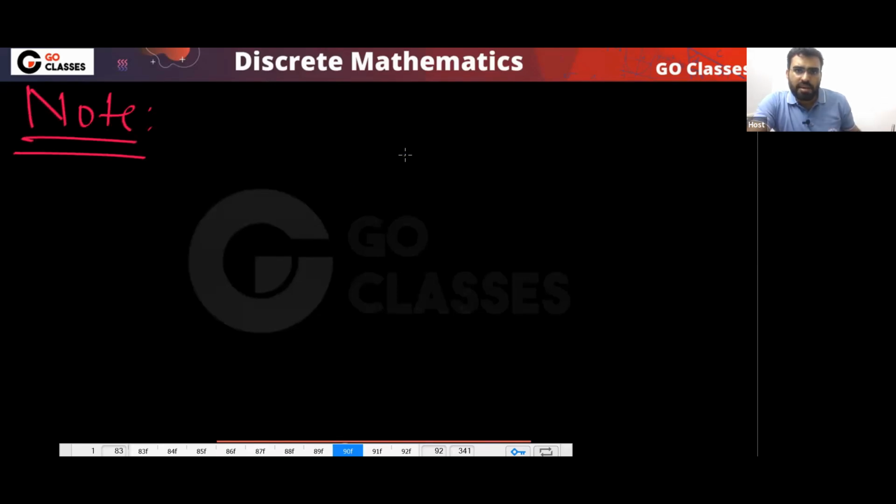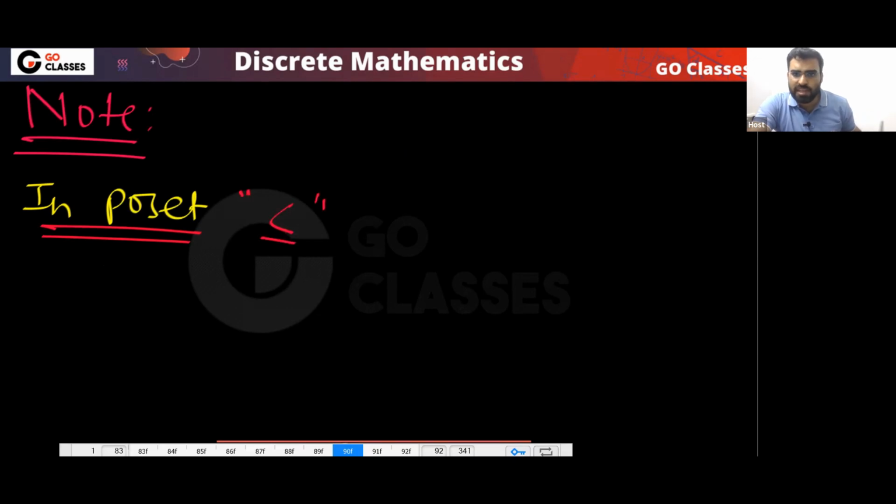Tell me, in POSET, when I use this symbol, does it mean less than or equal to? In POSET, this symbol means partial order relation. It does not mean less than or equal to.